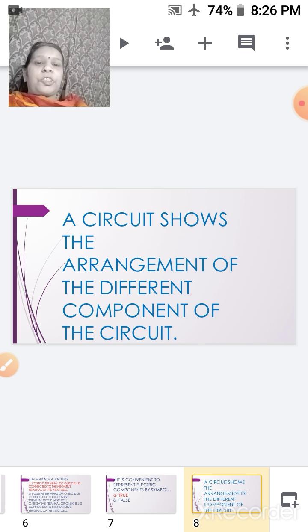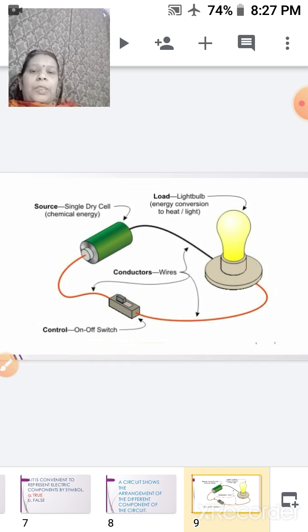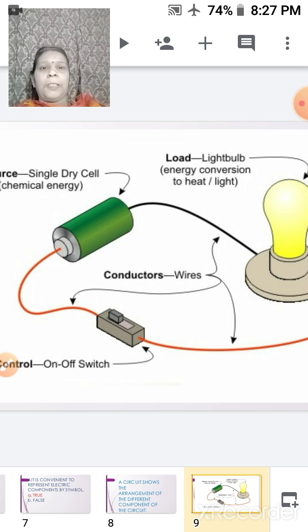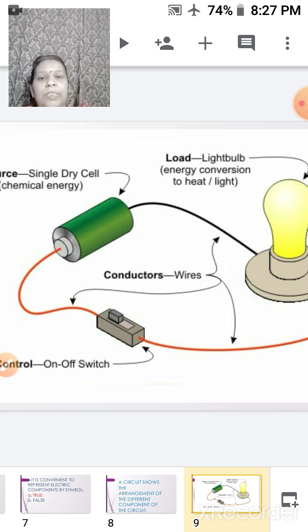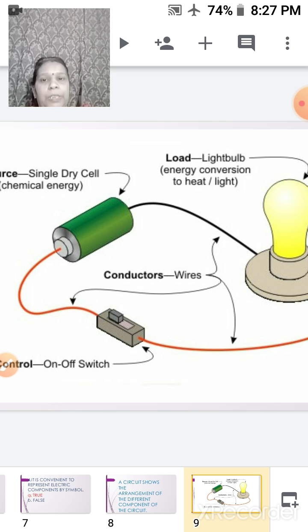The circuit which shows the arrangement of different components of a circuit is said to be a circuit diagram. Here you can see in the figure how the circuit is arranged. You have the cell, the switch, the bulb, and a wire which is connecting all these components.